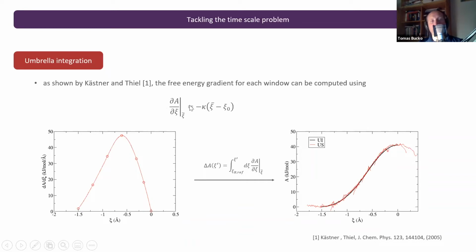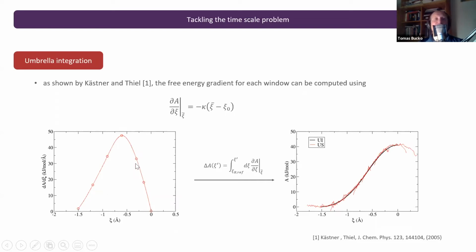Instead, we compute free energy gradients. Kästner and Thiel, the authors of this beautiful method, showed that the free energy gradient for the point located at the average of the reaction coordinate for the given window, psi bar, equals minus the force constant times the average psi minus the position of the bias potential used in the sampling for the given window.